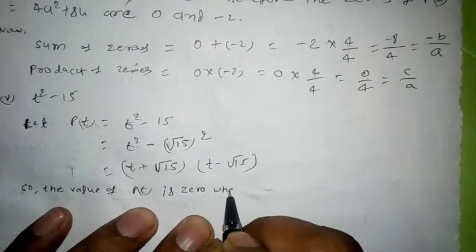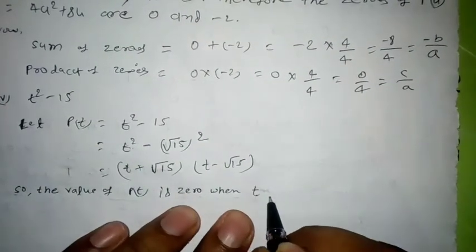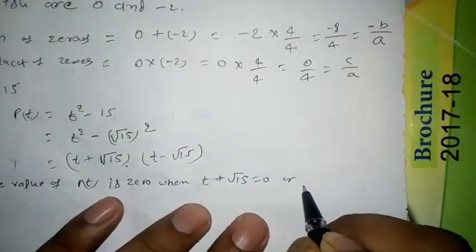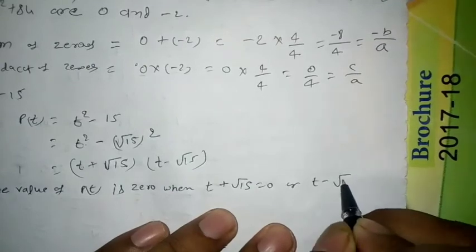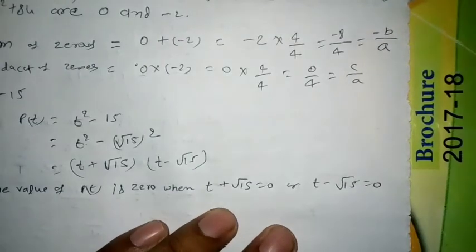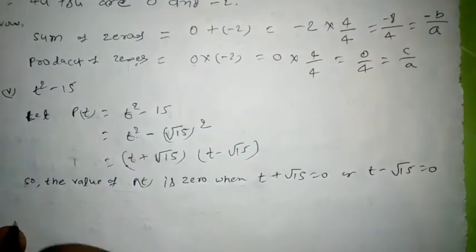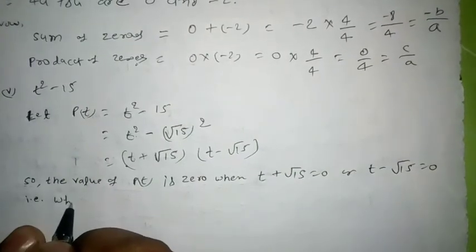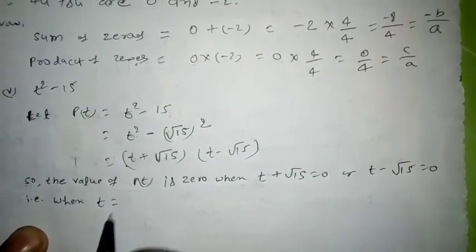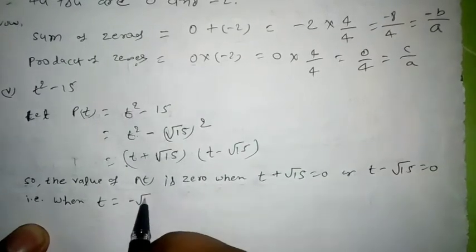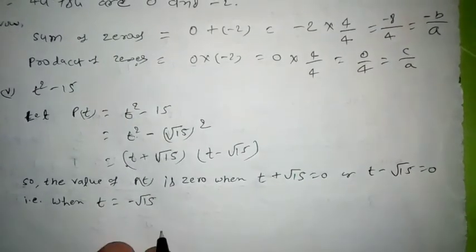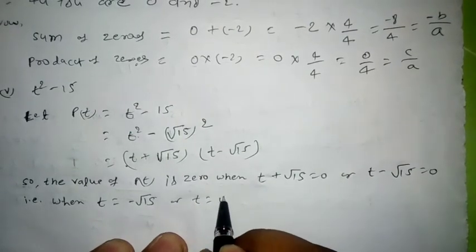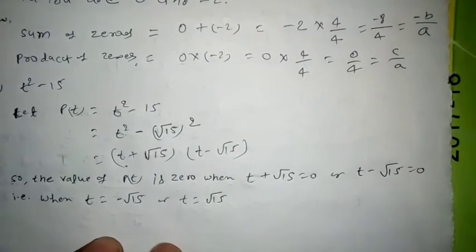when t plus root under 15 is equal to 0 or t minus root under 15 is equal to 0. That is when t is equal to plus 15, go to other side, minus root 15, and minus root under 15 go to other side is equal to plus root 15.